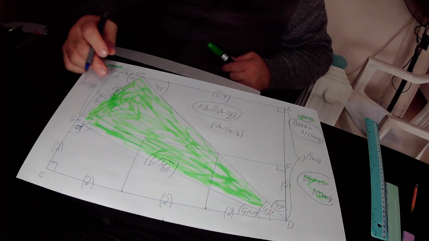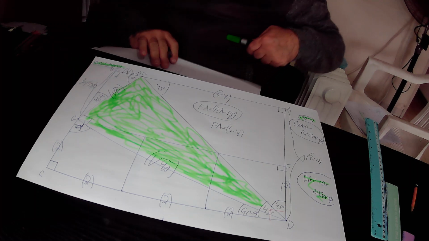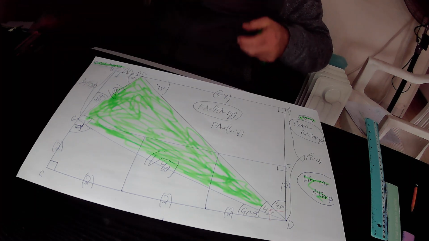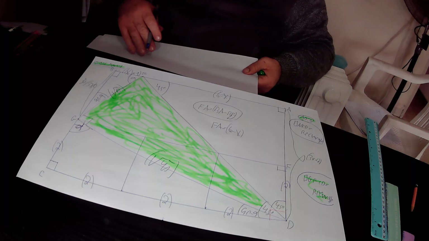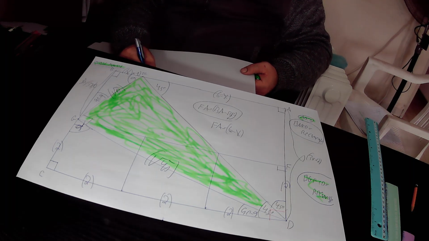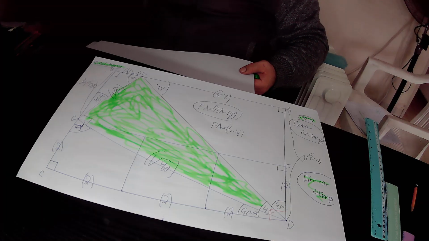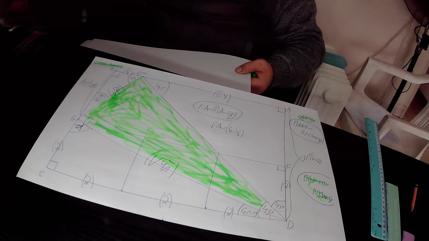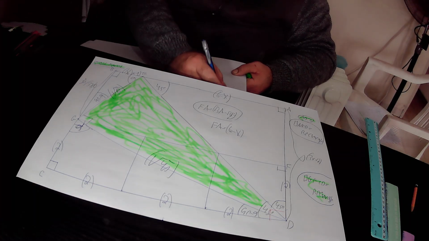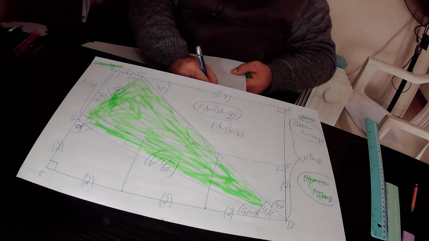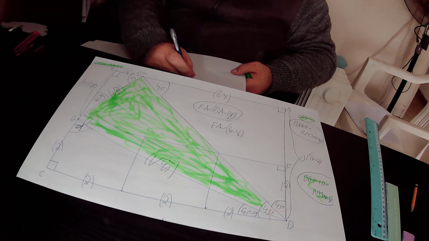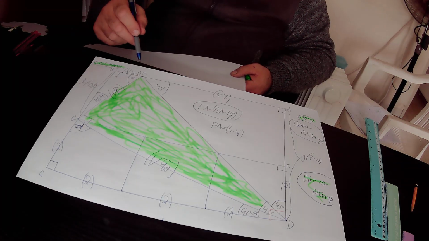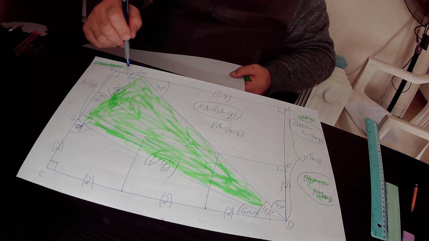Our task is to find out the area of this green shape. The green shape is actually the green right triangle FGD.